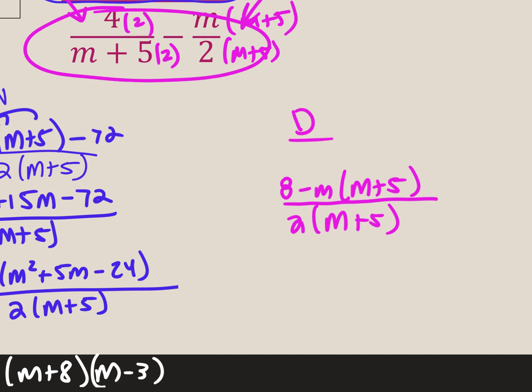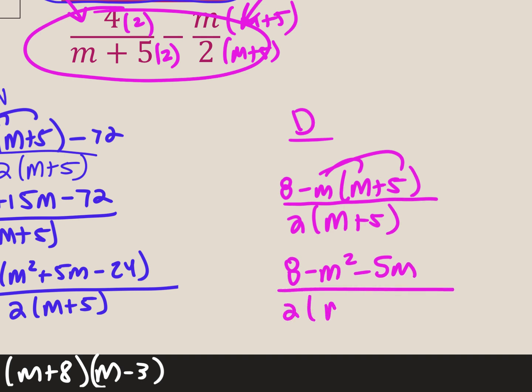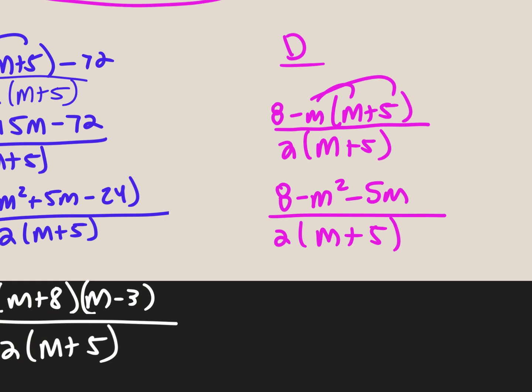Can I simplify a little bit? Yep. So I have 8. What's negative m times m? Minus m squared. What's negative m times 5? Minus 5m. And then I have over 2 times m plus 5. What's a little bit more that we could do?